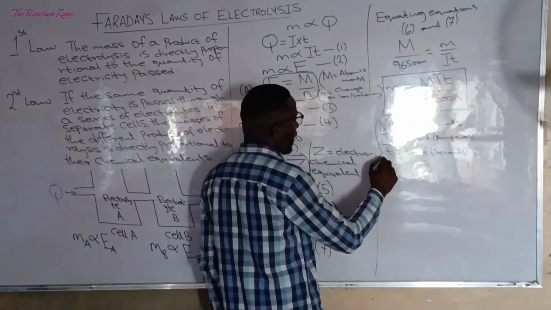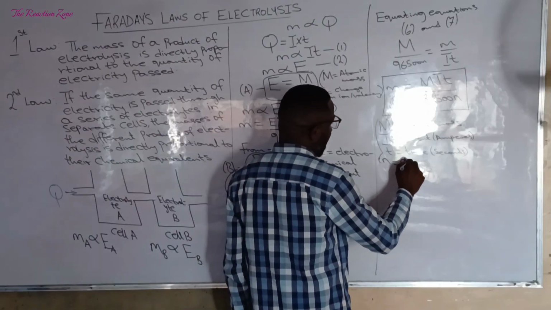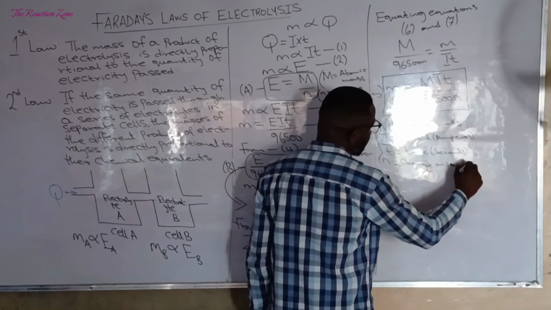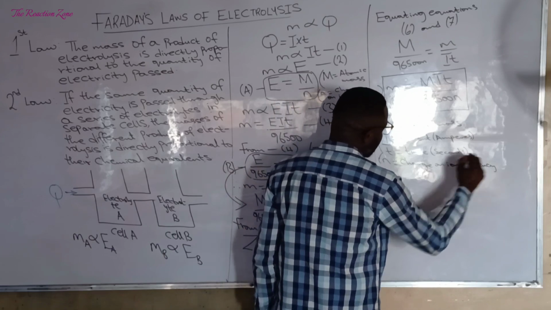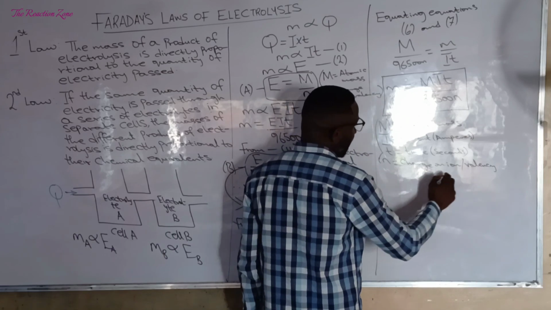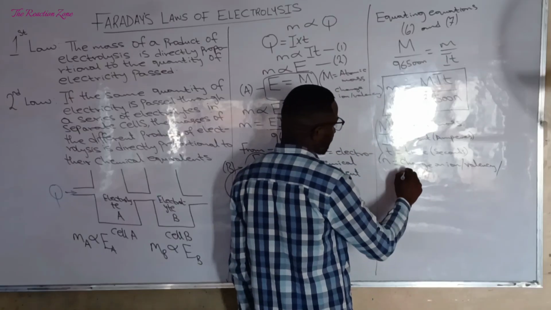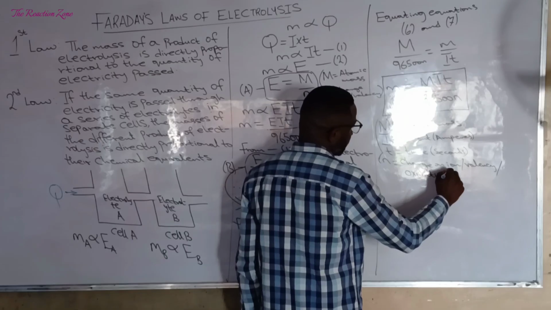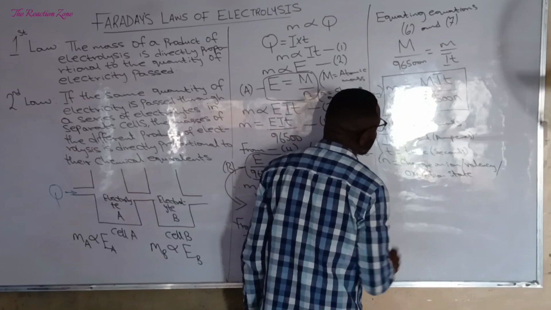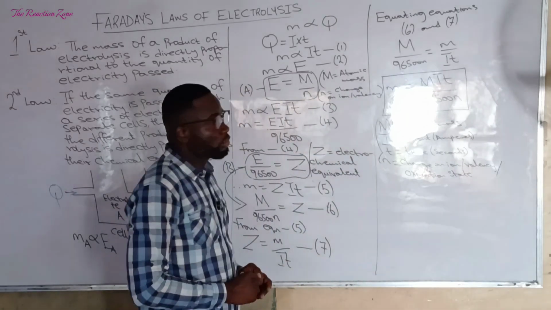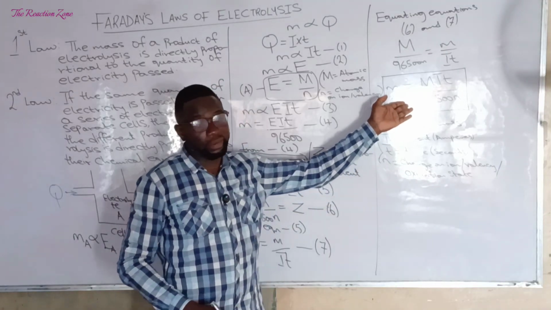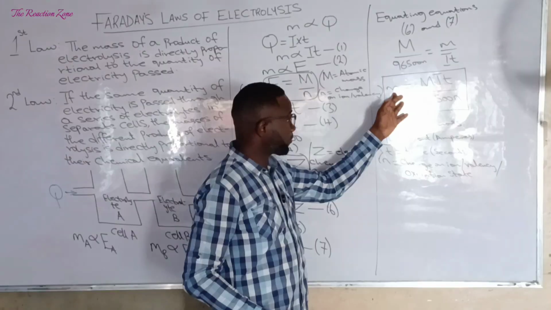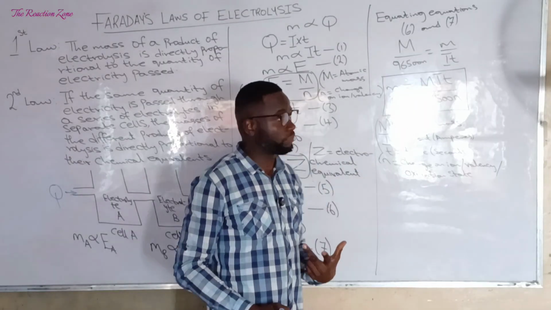And then N stands for the charge on ion, or it stands for valency. It also stands for oxidation state. So with this particular equation that is here, you can find the mass of the substance deposited if all these other parameters are known.